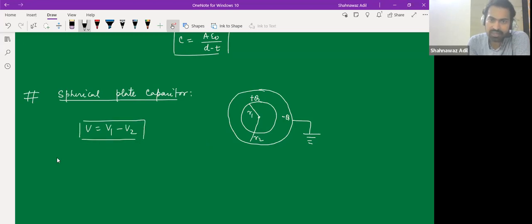Now you guys tell me, if I want to calculate V1, at this surface I want to calculate the potential. This question we have done. So at this point, how many contributions would be there?